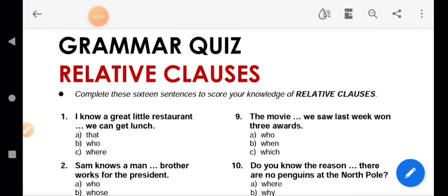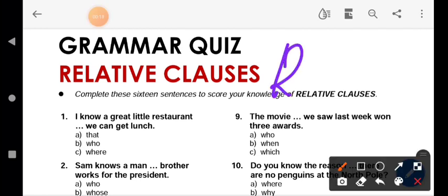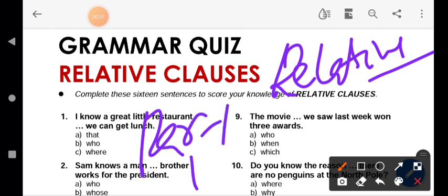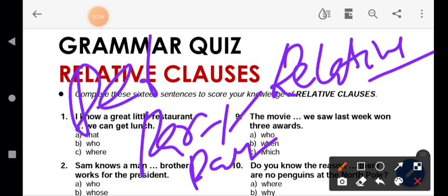In today's session, in this class, I will explain to you regarding relative clauses. In previous classes, part 1 and part 2, in part 1, I explained about the defining relative clause.